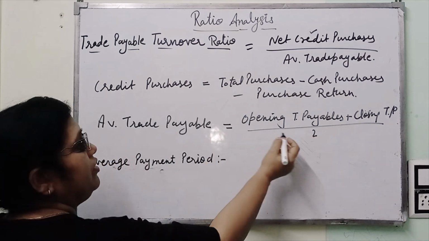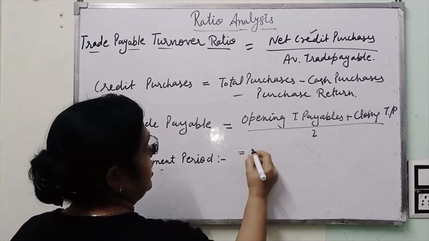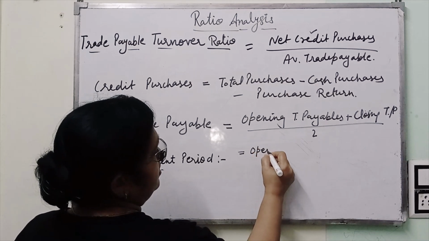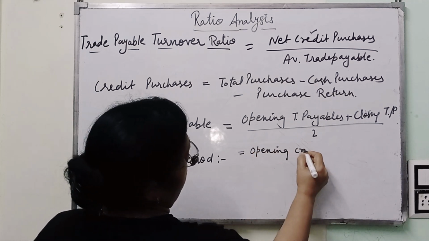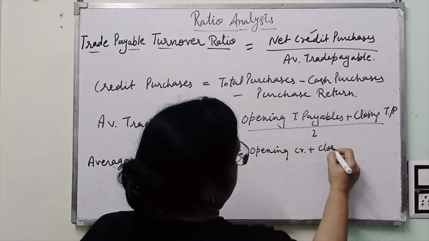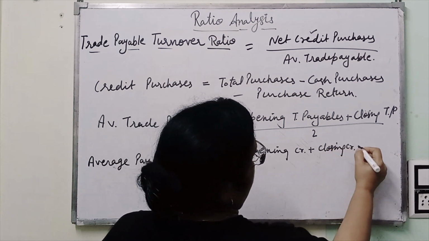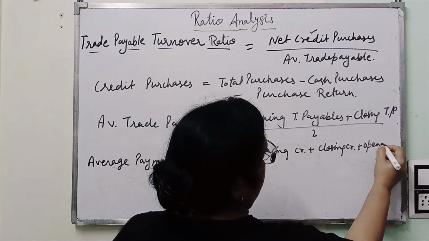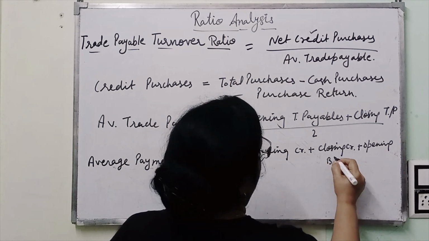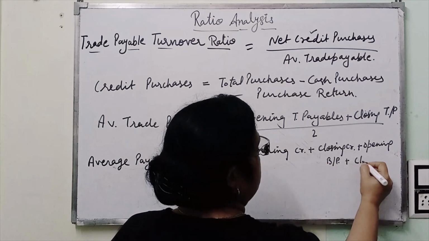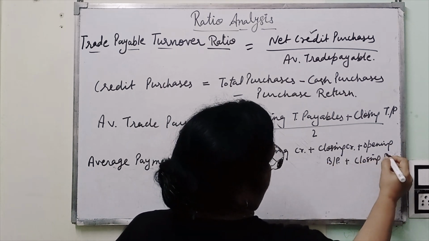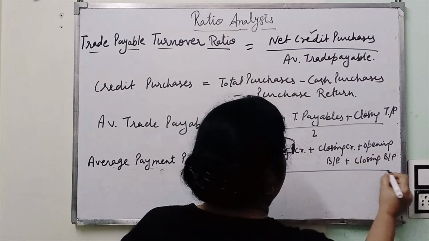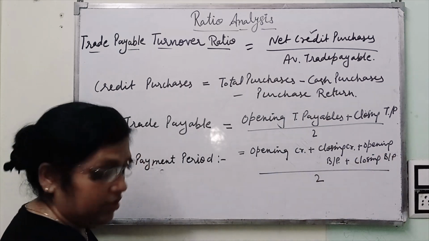And we can further classify trade payables as opening creditors plus closing creditors plus opening bills payable plus closing bills payable, divided by 2. Clear?